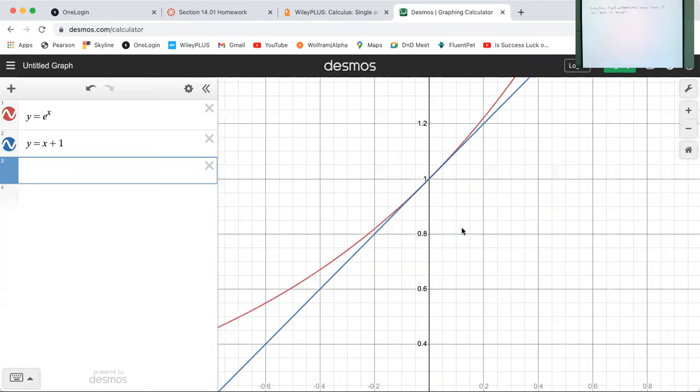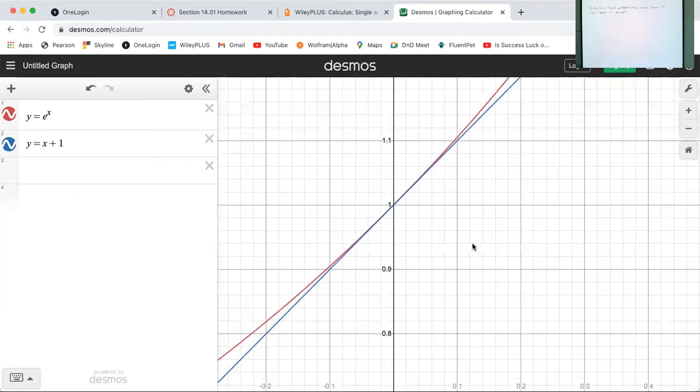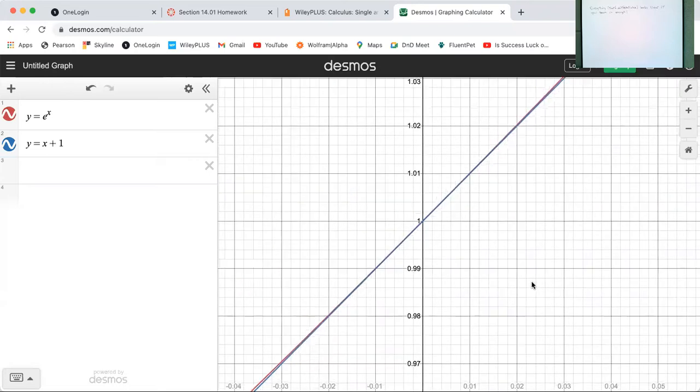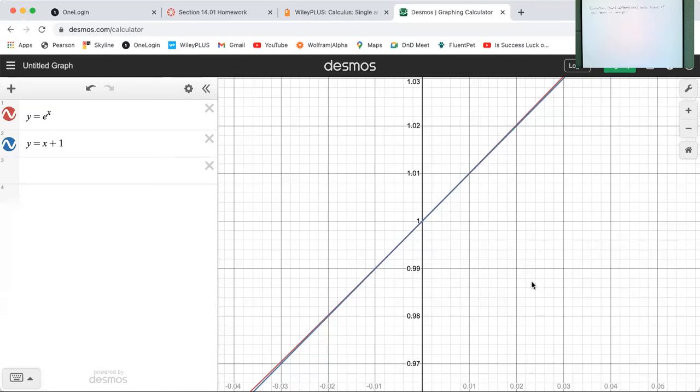But if we zoom in close enough, we can't distinguish the line from the function e to the x. And the more we zoom in, the less we can tell the difference. This is why I don't do this on the TI-84, because on the TI-84 the difference disappears really fast. So here we have more resolution.